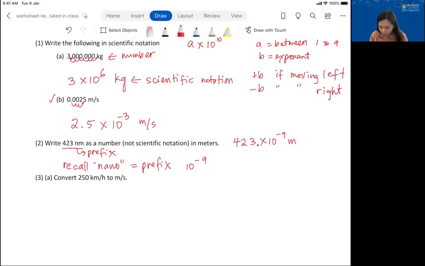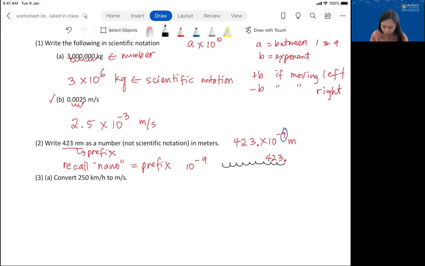Okay, so let me just do this here with more space. So 423, the decimal place is implied to be at the end. You have to move it 9 spaces because you have this times 10 to the minus 9. Okay, so you go 1, 2, 3, 4, 5, 6, 7, 8, 9.